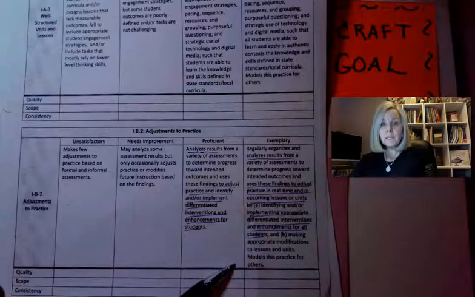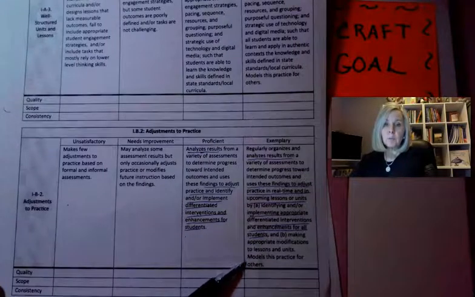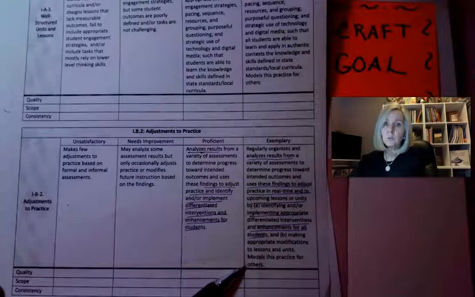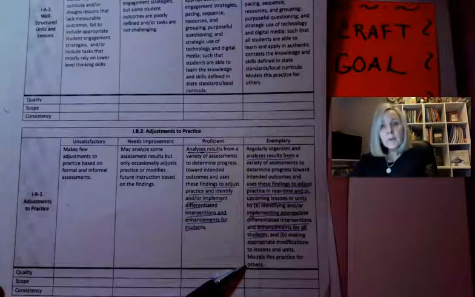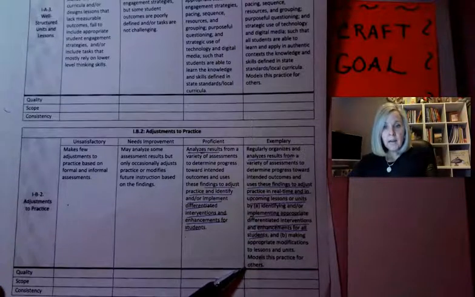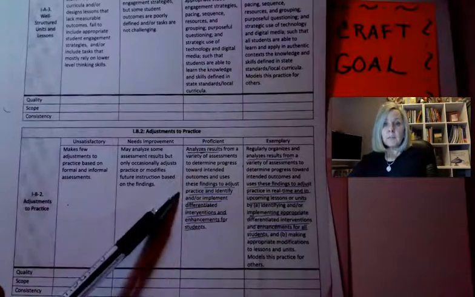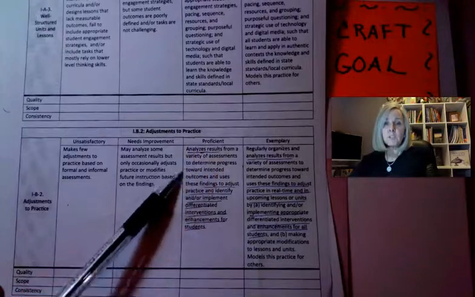So exemplary really is that you're able to model all of these skills for others. And so until you're really ready to put on professional development or teach colleagues how to do a certain aspect within your profession, you're probably going to be aiming for somewhere within the proficient range.